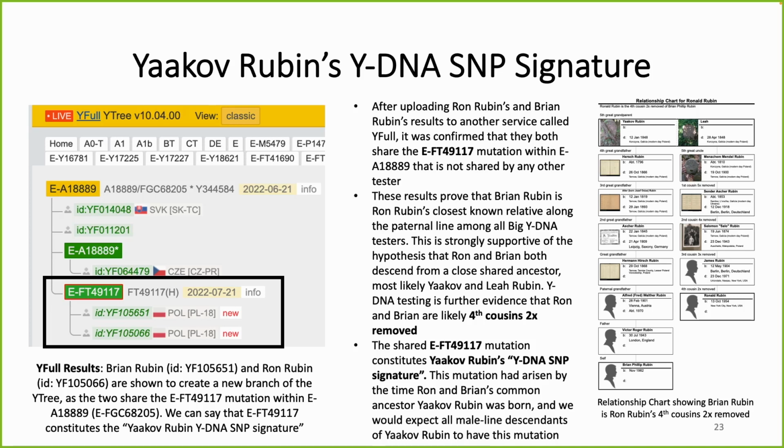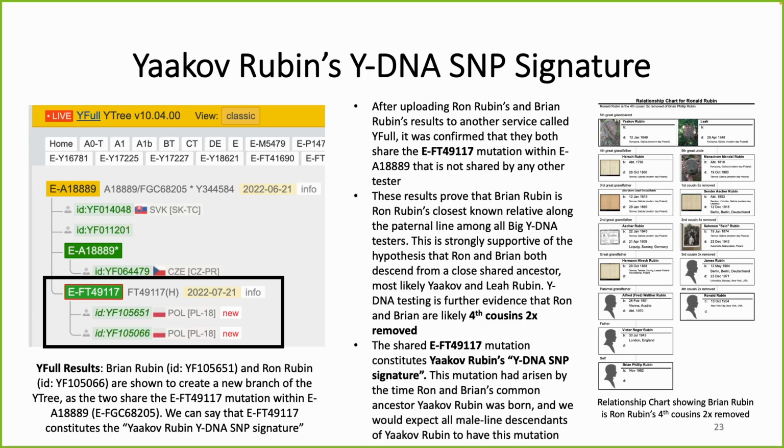So when Yaakov Rubin, who married Leah, was born in 1780, he was born with the FT49117 mutation, which he passed down to his two sons, our ancestor Menachem Mendel, and Brian Rubin's ancestor, Hirsch Rubin, and they carried it down to the present day. So we call it the Y-DNA SNP signature.